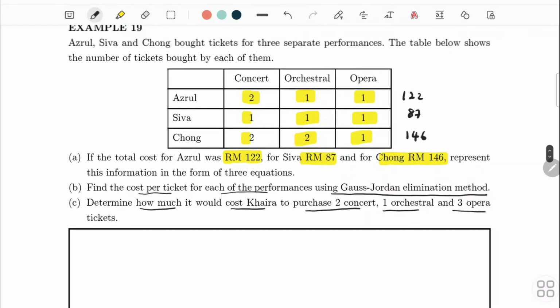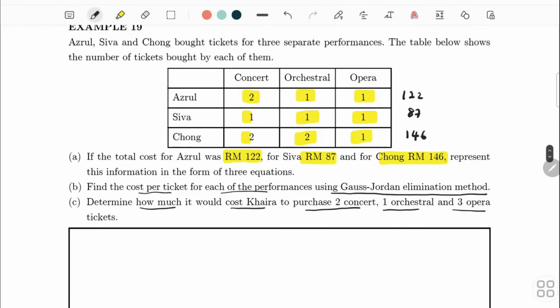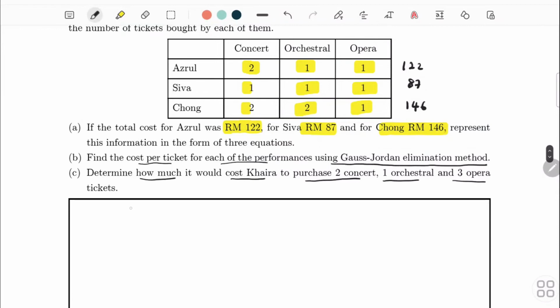Since the question itself doesn't state what notation to use to represent the variable for the cost per ticket for concert, orchestra and opera, you can use whichever notation you prefer. So maybe we can use X, Y, Z to represent.